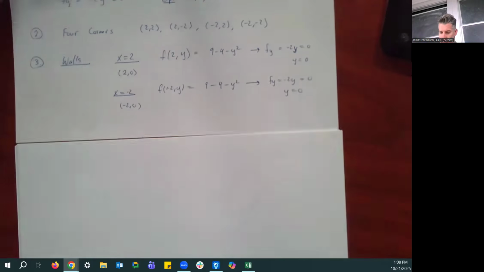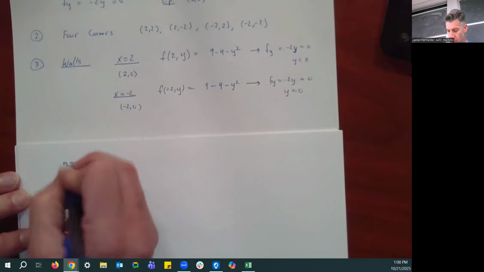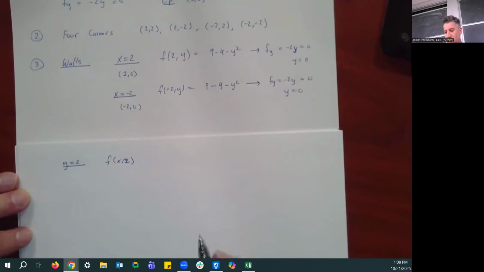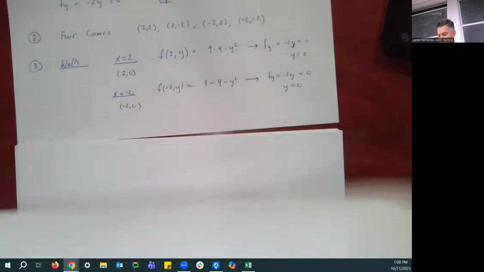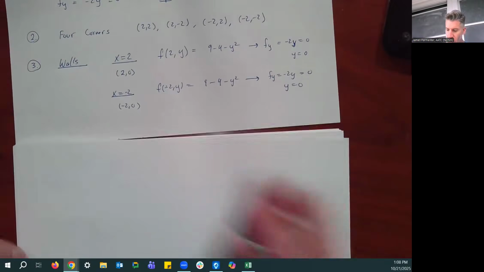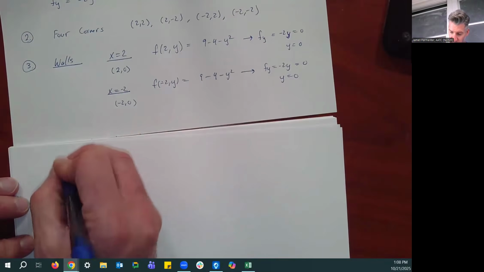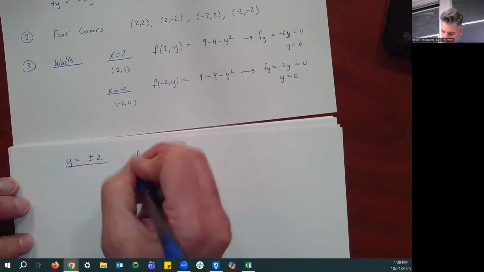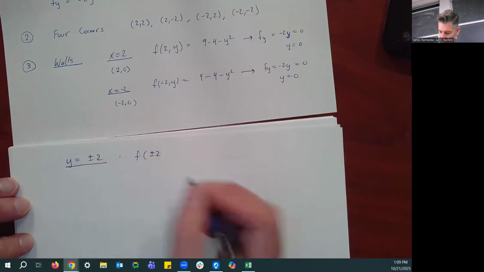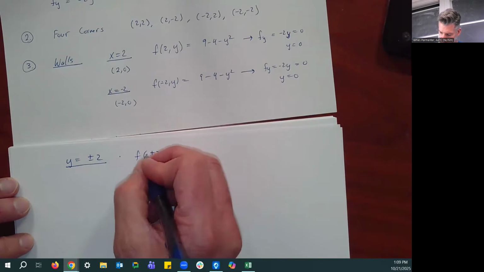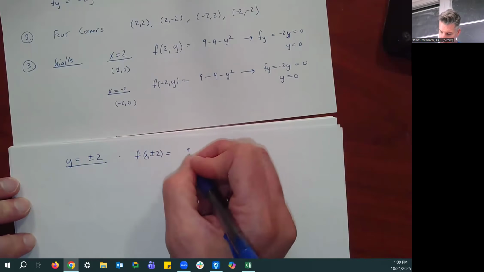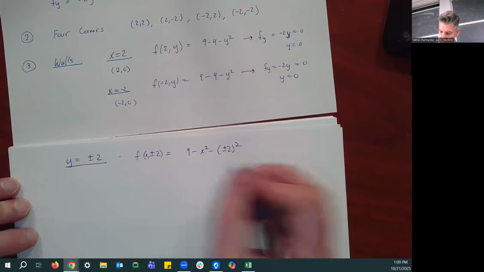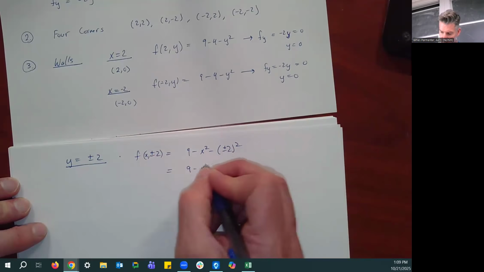We're going to see that if we set y equal to 2, then our f of x comma 2. Here, let's be smart about this for a second, just to save myself one line of work. If we set y equal to either plus or minus 2, our f of x comma plus or minus 2 is going to be 9 minus x squared minus plus or minus 2 squared, but that's just 9 minus x squared minus 4.